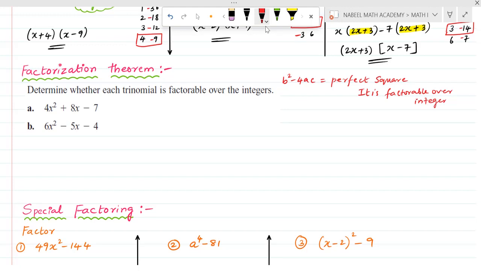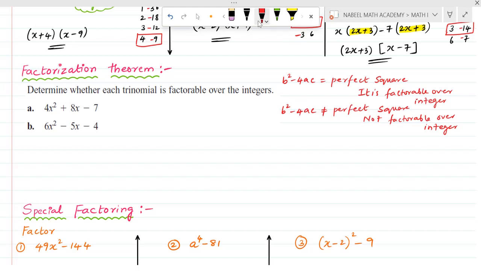That's it. So this is the factorization theorem. If b square minus 4ac is not equal to a perfect square, it is not factorable over integers. Let us go with this one here.